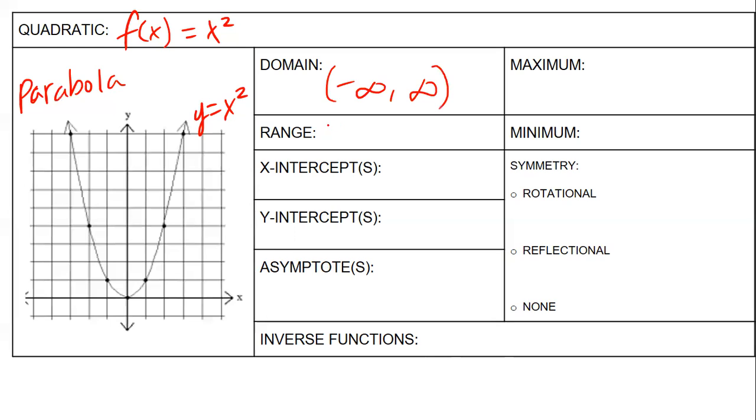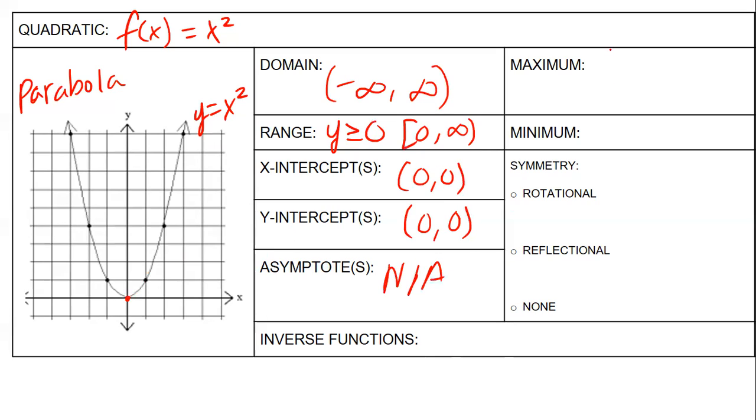My range is y has to be greater than or equal to 0, or from 0 to infinity. It is a bracket on the left. My x and y intercept are the same. So we're at 0, 0, and I still do not have an asymptote.